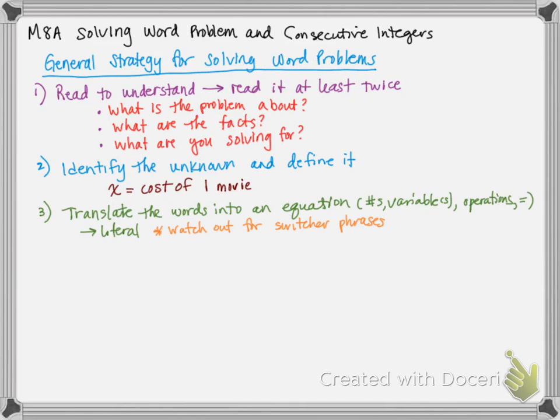Now we can finally solve the problem. Again, using the inverse operations, not guessing what the unknown number is, we're going to solve it. No more guessing. That's a technique when you didn't have any other skills, but now you have skills. Okay. And then you're going to check for reasonableness.